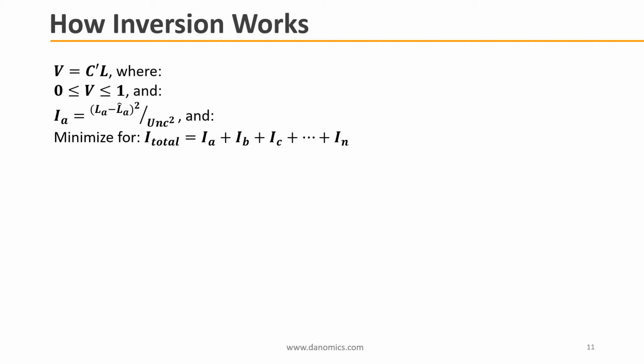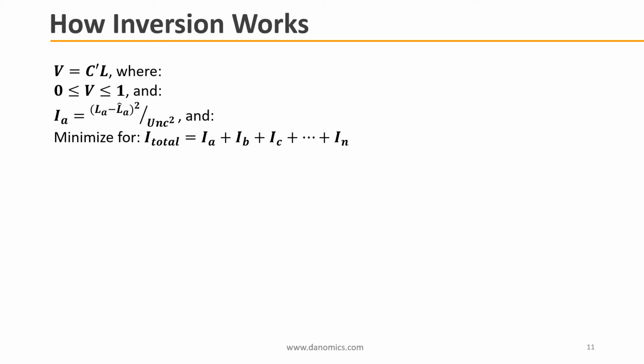We know that our log response isn't perfect, so we need to decide how much that varies by, and then we try to minimize the difference between our actual log and our predicted log, weighted by the uncertainty in our log measurements. We call that incoherence. So if we have our incoherence for logs A, B, C, etc., we want to minimize this total incoherence, and we do that via application of a solver.